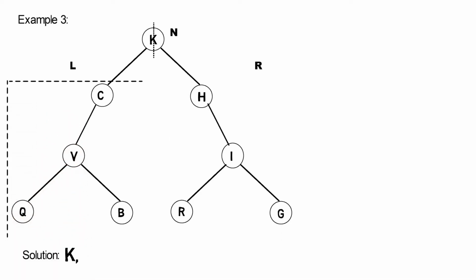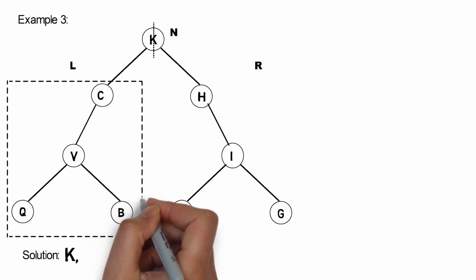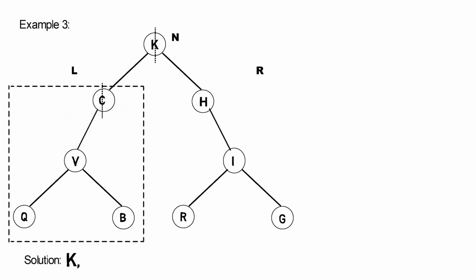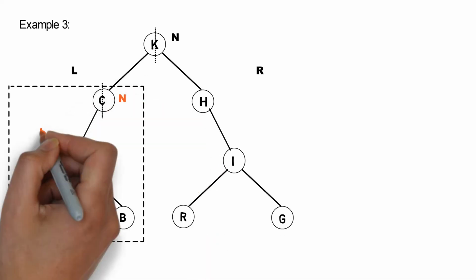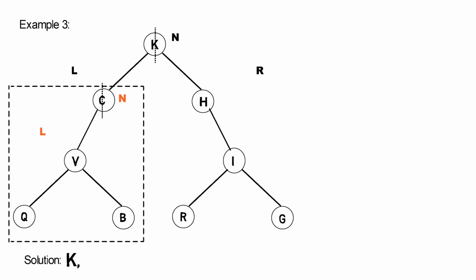When we focus on this particular area of the tree, C becomes the root node. Then we have the left subtree, but we have no right subtree. As we can see, there is no right side of C. So we pen down our C as the root node.